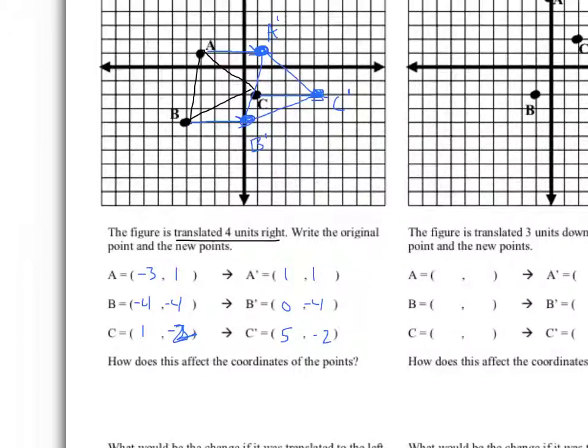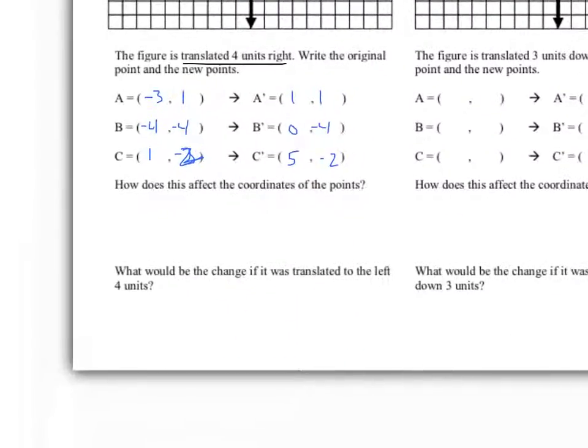-2. All right, so when we look at these points, we can start to make some realizations about how these points actually move and what changes with the actual coordinates. So how do the coordinates actually change? When we translate the figure 4 units to the right, what actually happens to the coordinates?